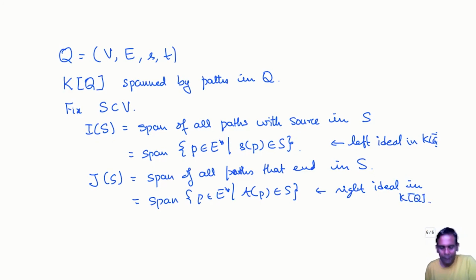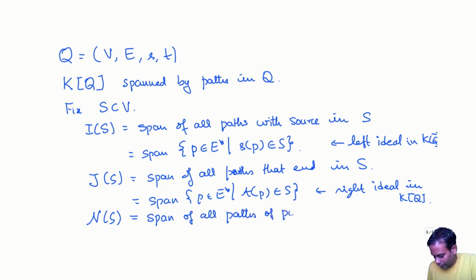And if you want an example of a two-sided ideal in KQ, you just define N to be the span of all paths of length greater than 0. All paths of positive length.